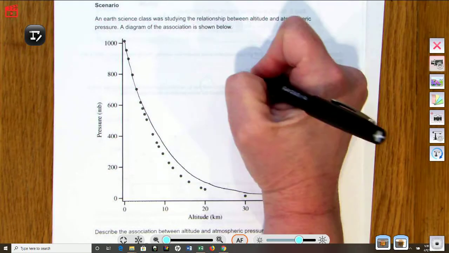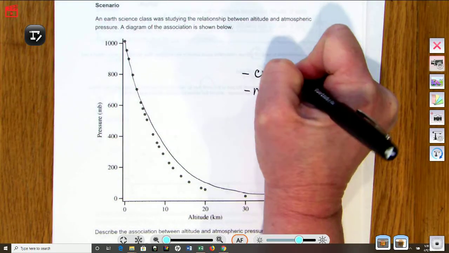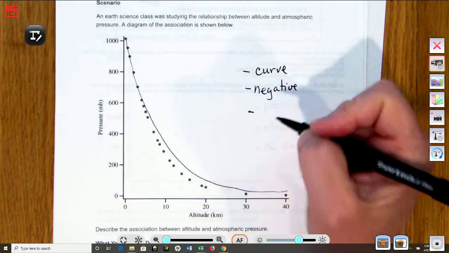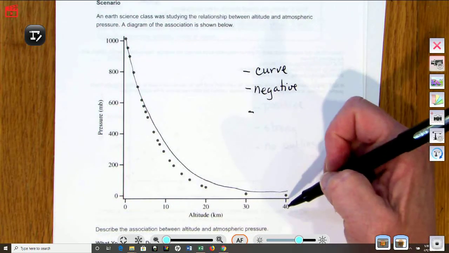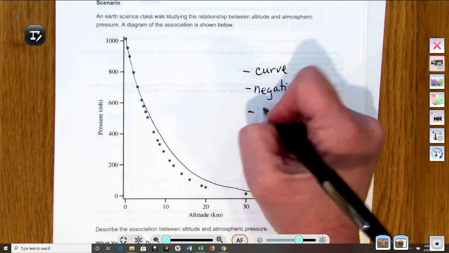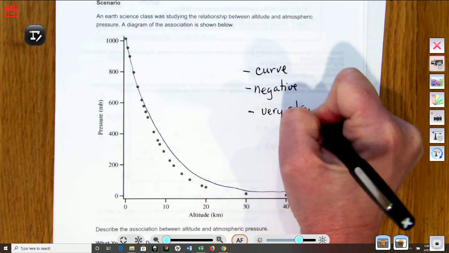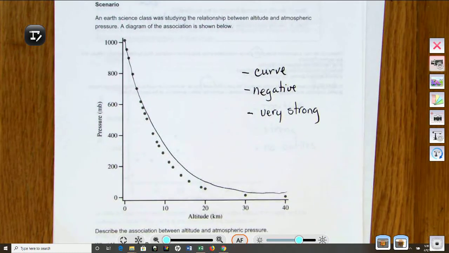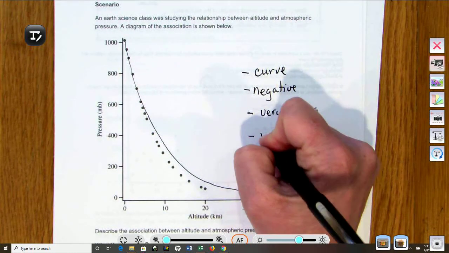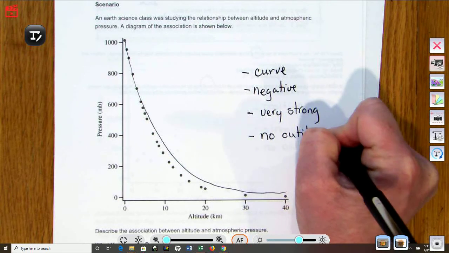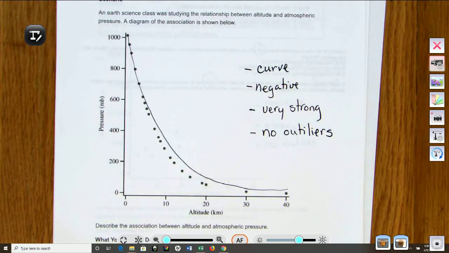So I would say we have a curve here, not really a straight line. I could have put this curve right on all those points. So I would say very strong relationship with that curve. I would also say no outliers because everybody was right on that curve if I had drawn it better.